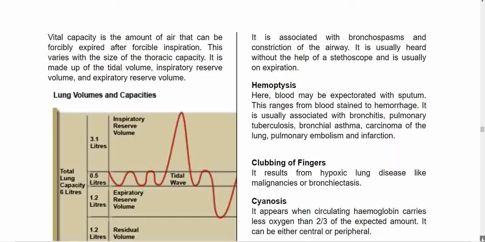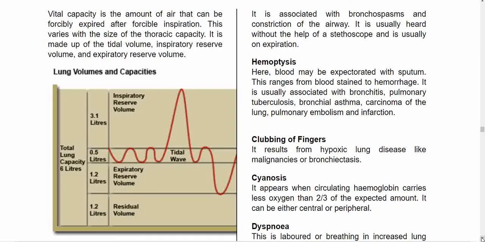Hemoptysis. Hemoptysis is just blood, either coughing blood, sort of. Blood may be expectorated with the sputum, and this ranges from blood staining to hemorrhage. So it is usually associated with bronchitis, that's inflammation of the bronchus, or pulmonary tuberculosis, or bronchial asthma.